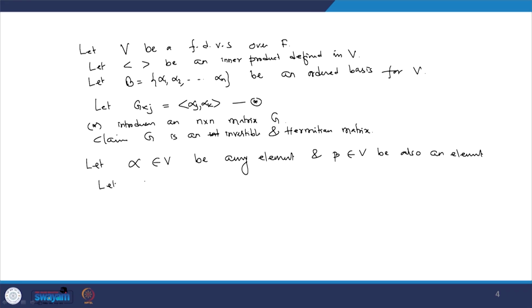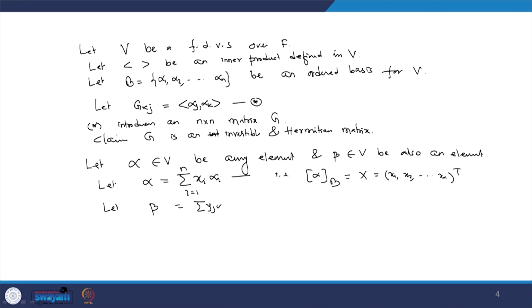Let alpha equal to the sum of xi alpha i, i equal to 1 to n, so that the coordinate matrix of alpha with respect to the ordered basis B equals capital X, which is x1, x2, up to xn transpose, and let beta equal to the sum of yj alpha j, j equal to 1 to n.